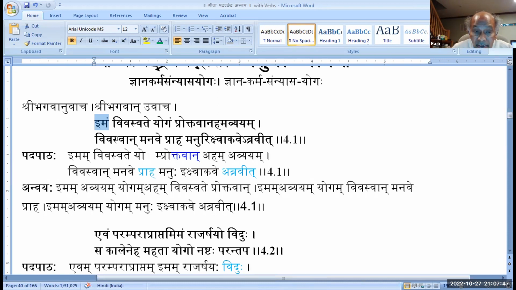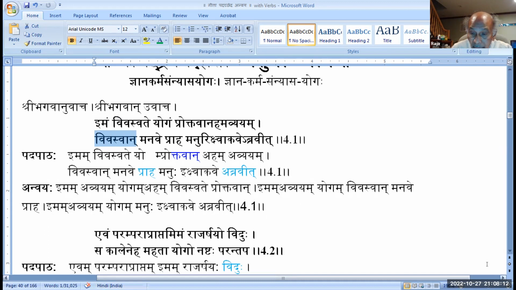And that Vivaswan, this is the subject, Vivaswan Manave Praha: Vivaswan told that to Manu. Manuhu Ikshwakave Abravit: Manu told this to Ikshwaku, who is one of the lineage of Surya Vamsha kings.